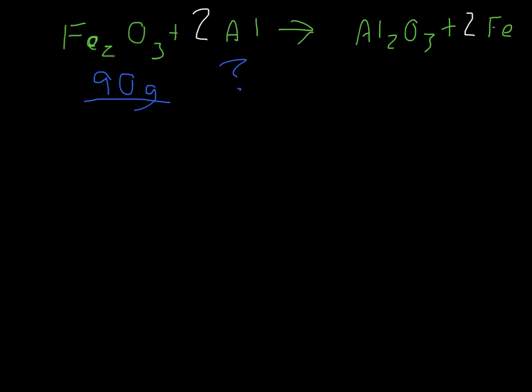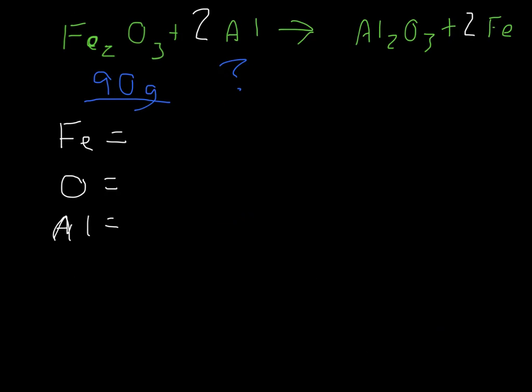Okay, hopefully you had luck trying to figure this out, but let's go ahead and walk through it. We need to figure out our AMU, or how much our iron weighs, and then we need to figure out how much our oxygen weighs, and then also how much our aluminum weighs. So let's go ahead and get out our handy dandy periodic table.